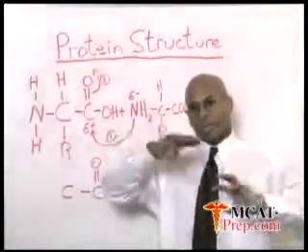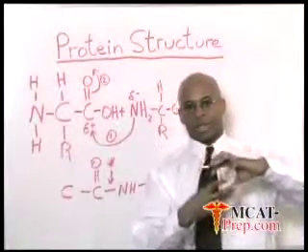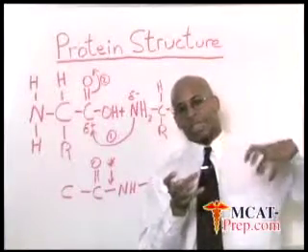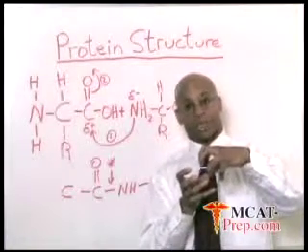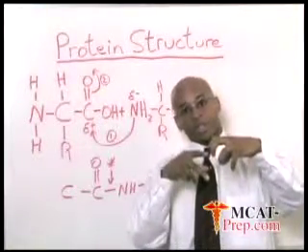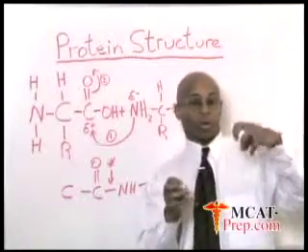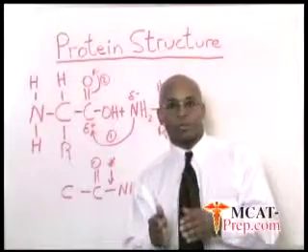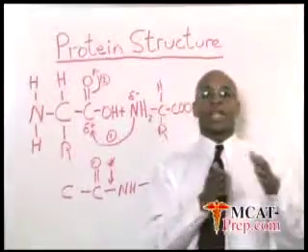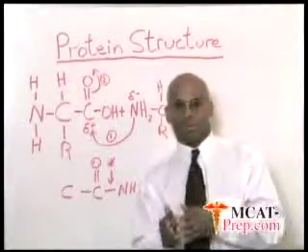Then, when the protein is folding, if there are 2 cysteine molecules, then they can bond together. The sulfur in both of the molecules bond together, creating a disulfide bond or disulfide bridge.